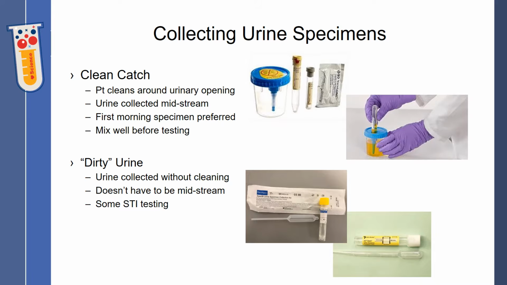collection. You would collect the urine in a cup and then transfer it over to these tubes. They have fill lines on them. These are actually collection kits that are used specifically for chlamydia and gonorrhea testing.